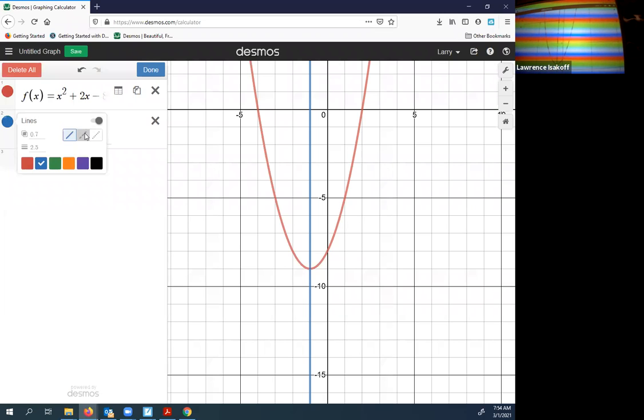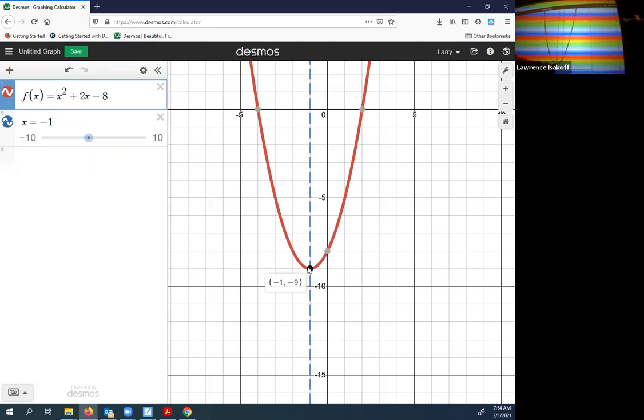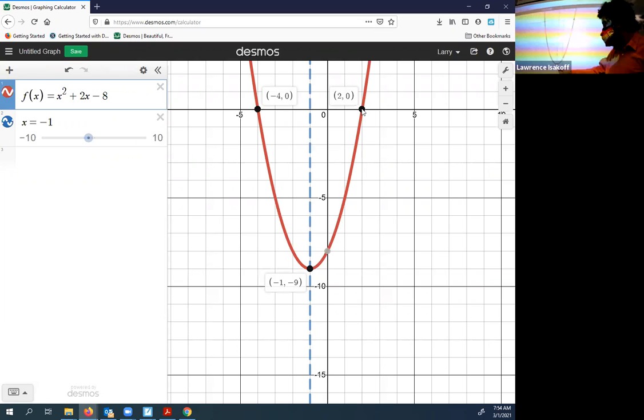I can even change that to a dashed line to make it look more like what I had. And again, get that vertex there. But I also get my x-intercepts with it as well. Now remember with Desmos, if I want the vertex, just tap on the vertex, just click on it, and it tells you that.